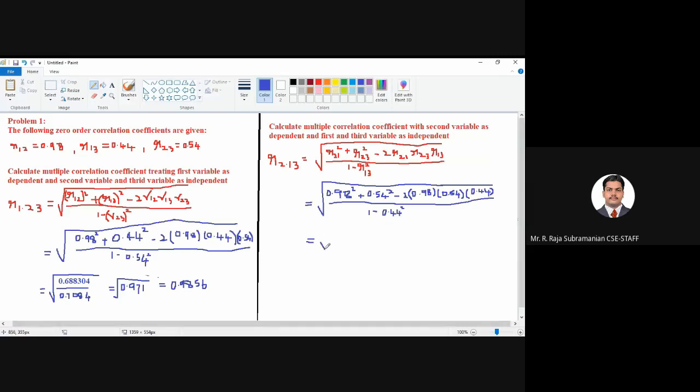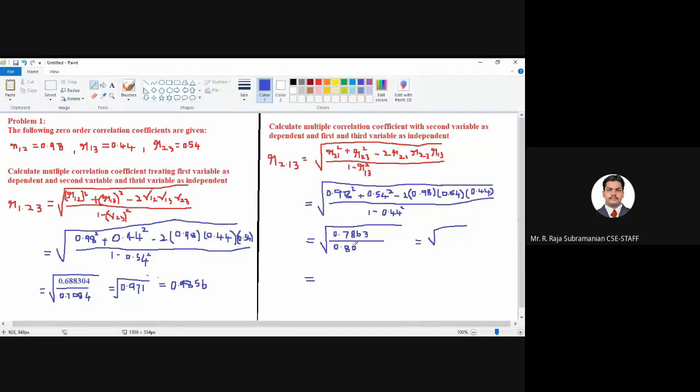Can anyone tell what the numerator is? 0.7863, sir. 0.7863 will be in the numerator. Denominator is 0.8064.